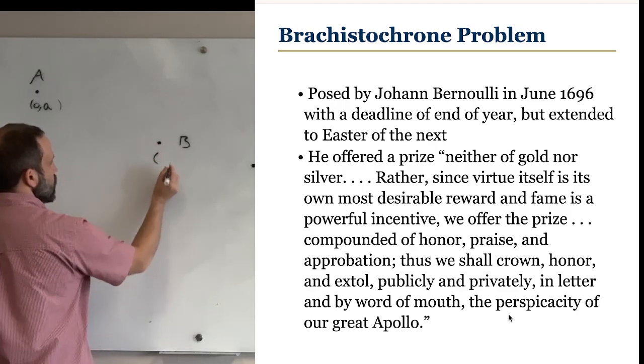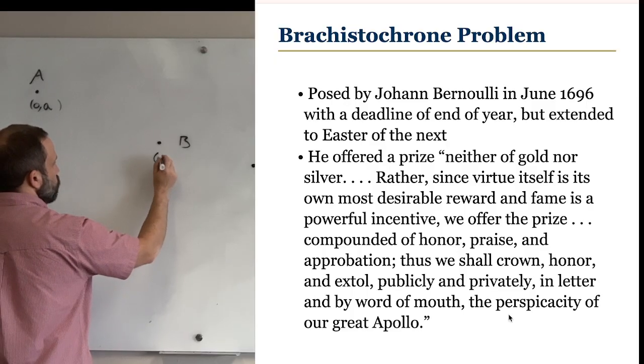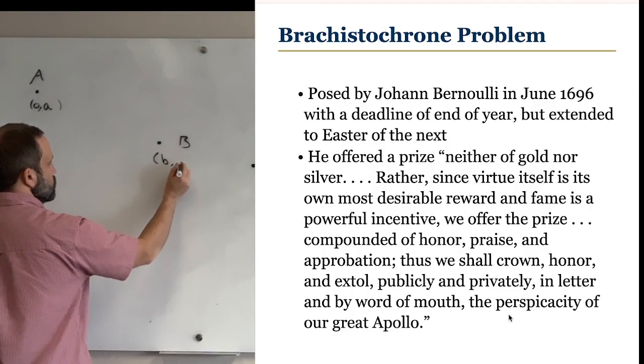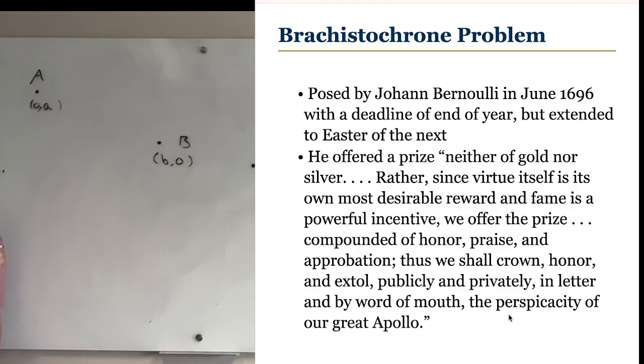And for point B, the x position is little b and the y position is 0, just to have something definite to work with. So maybe I need to label it more like this. In other words, this is starting at y equals 0 and x is equal to b.